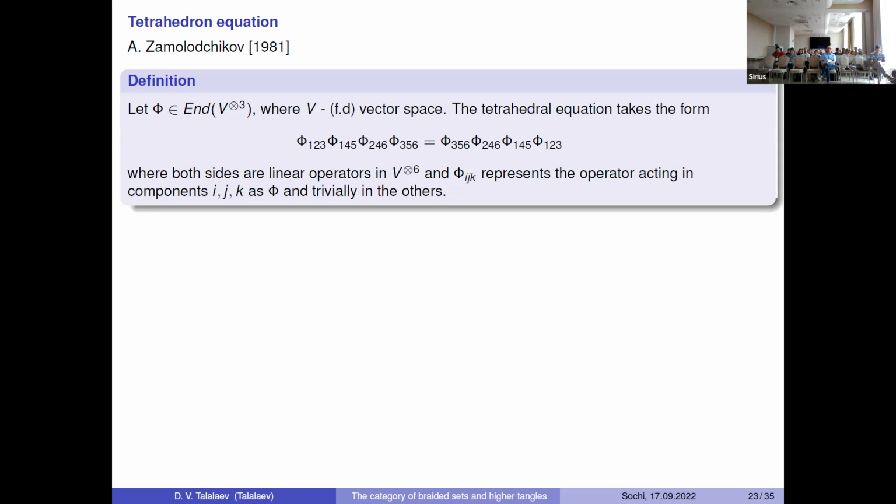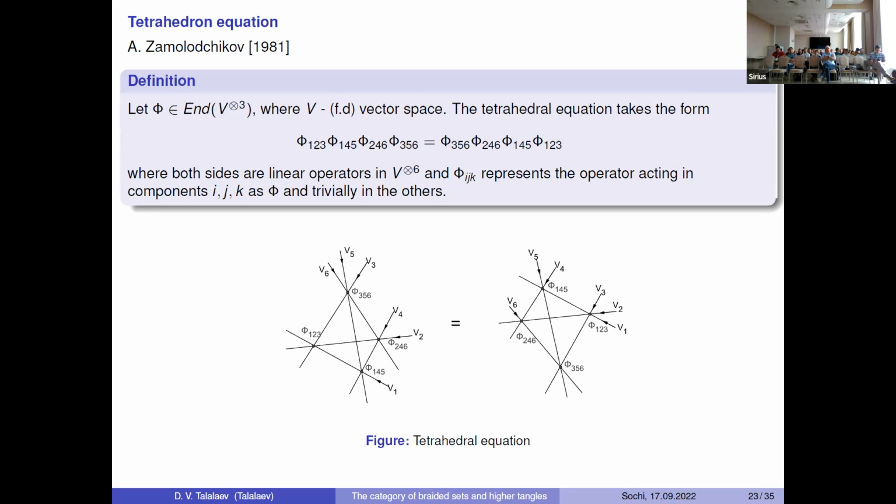It is expressed by this equation of fourth power on a linear operator in the tensor triple product of the space V, and it is expressed by such a diagram, which illustrates a move of desingularization of the point of order 4, the intersection of four two-dimensional leaves in 3-space.